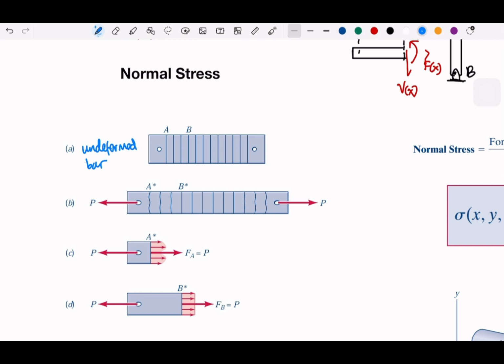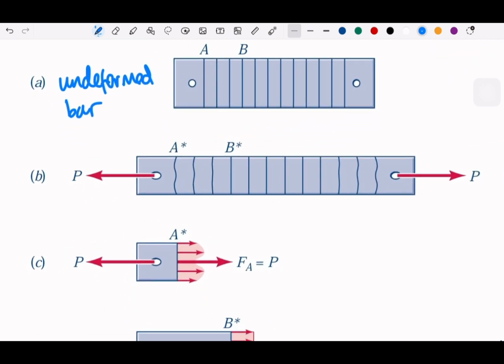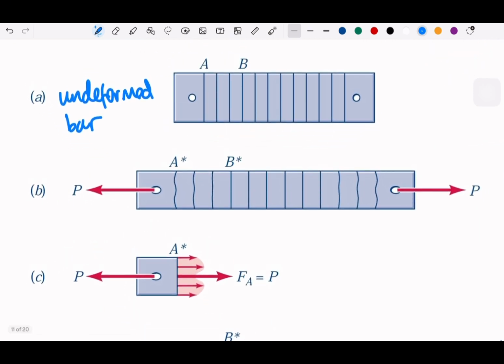If we look at this A, the A asterisk means that is the point that changes. So from A at the beginning to A asterisk, it is changing its location. Okay, and then it is deformed with the load P.